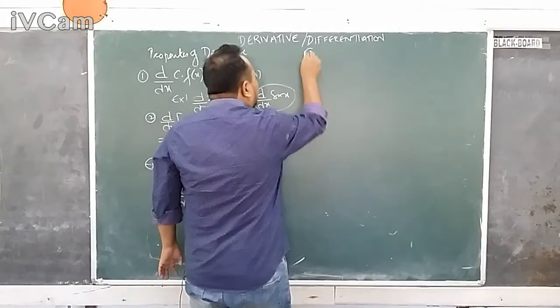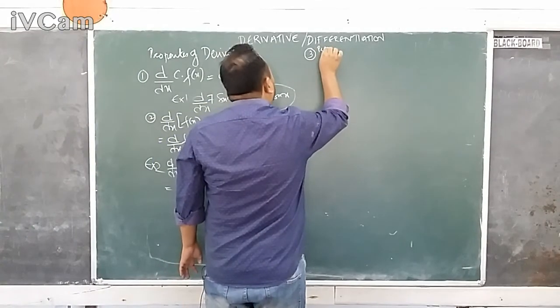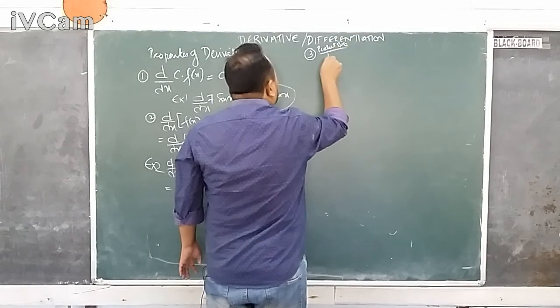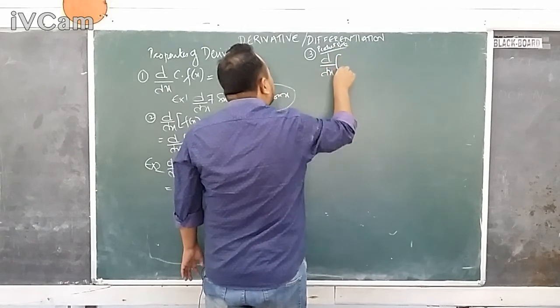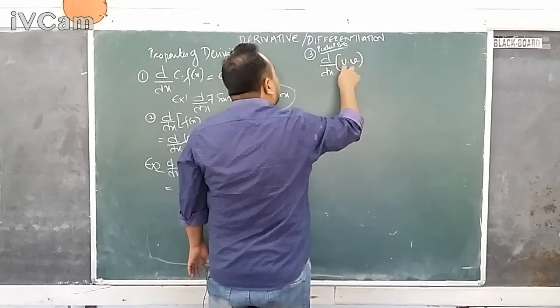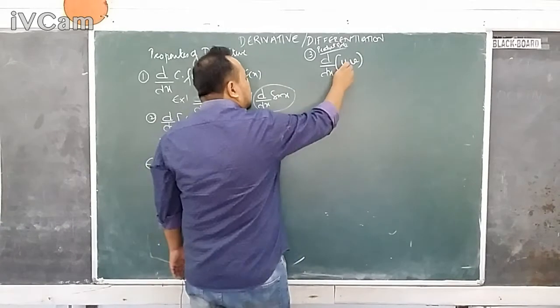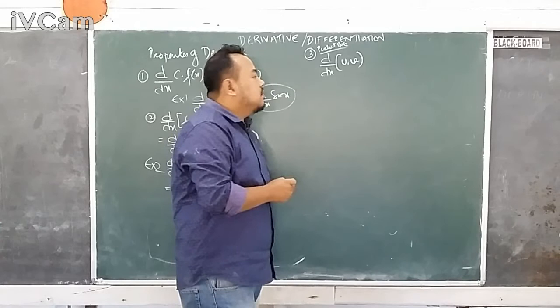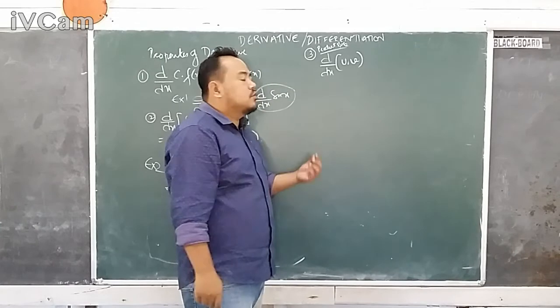Property number 3, this is called product rule, or u into v. Suppose instead of f(x) and g(x), I'm writing u into v. So there are two functions, u and v. If there's a multiplication, then you don't apply the formula directly. Please, dear students, keep in mind that before you apply the formula, you have to use the property first.